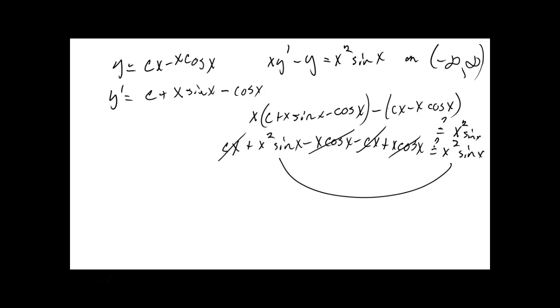But then when you go to larger x's or smaller x's, the x terms get bigger. The x cosine x basically stays between plus or minus x, because cosine stays between plus or minus 1, so you're subtracting things from it. So you get a whole family of curves here, depending on what c values you have.